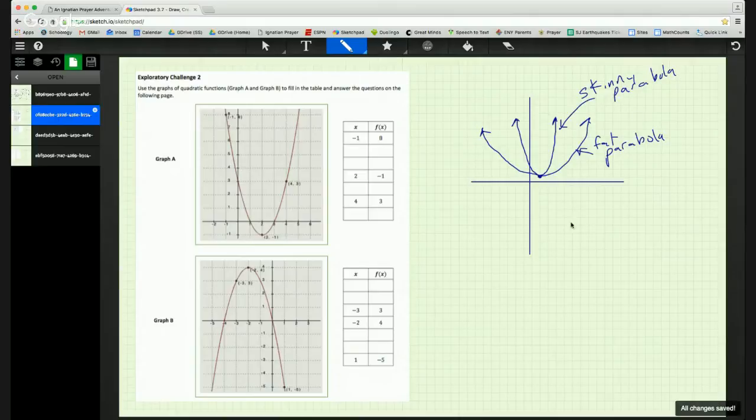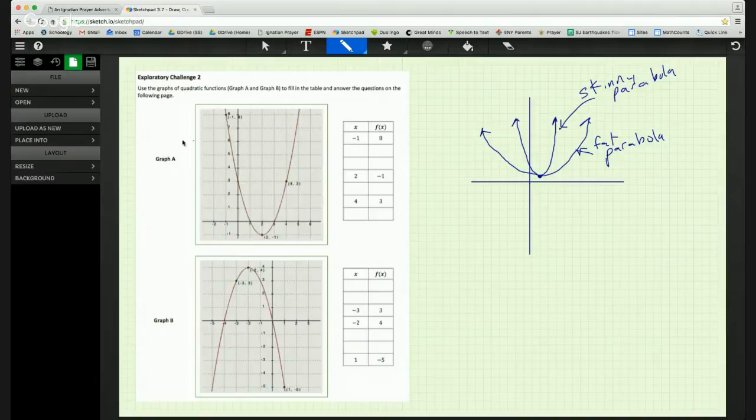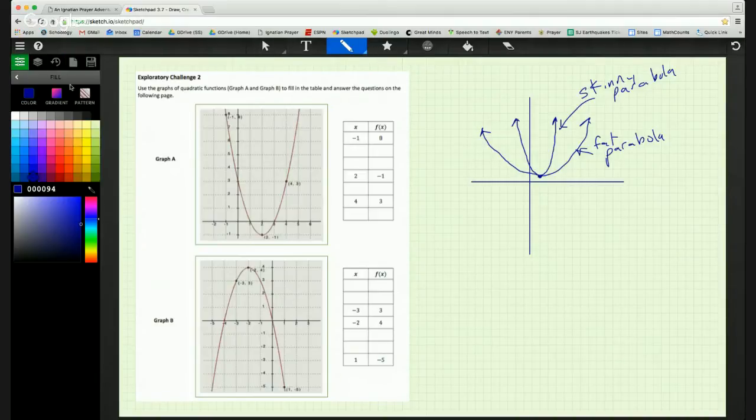The interesting thing is they have the same vertex. So you can have two parabolas with the same vertex, but different shape.